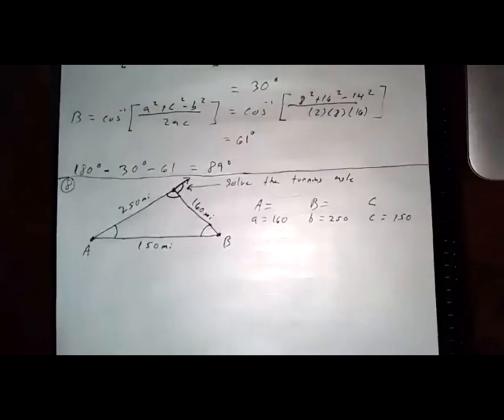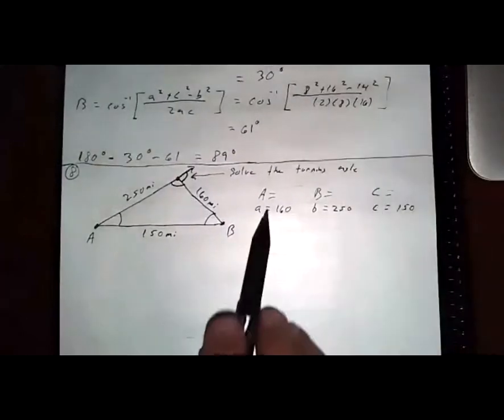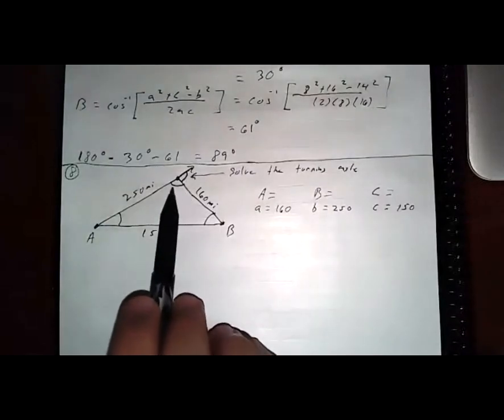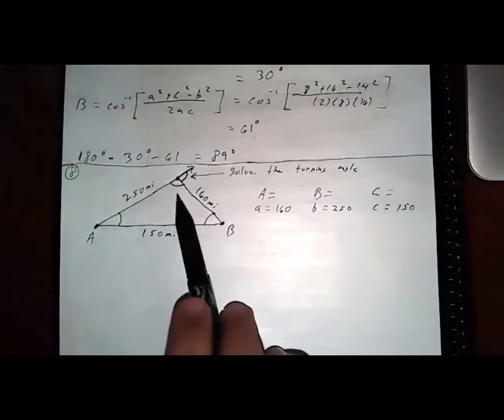Yeah, we have no choice, right? We have to do law of cosines. I don't need any of these angles, right? I just need to know this turning angle. So if I find this angle, I should be able to figure out that extra part. So I need to find C.